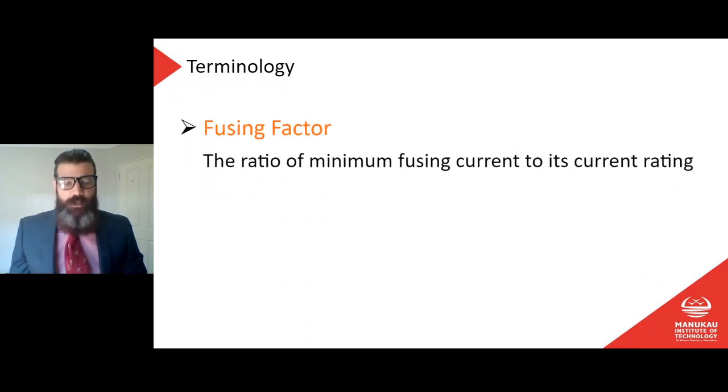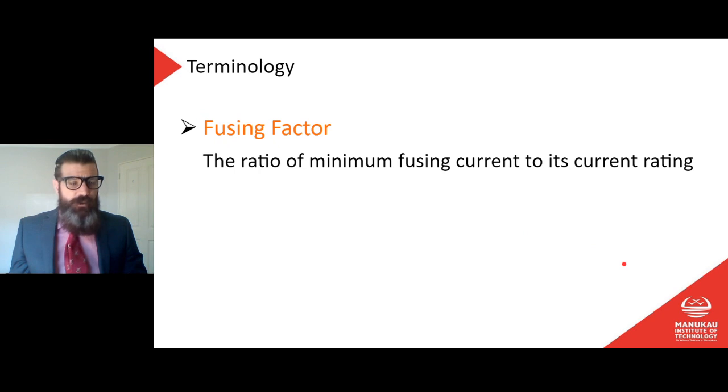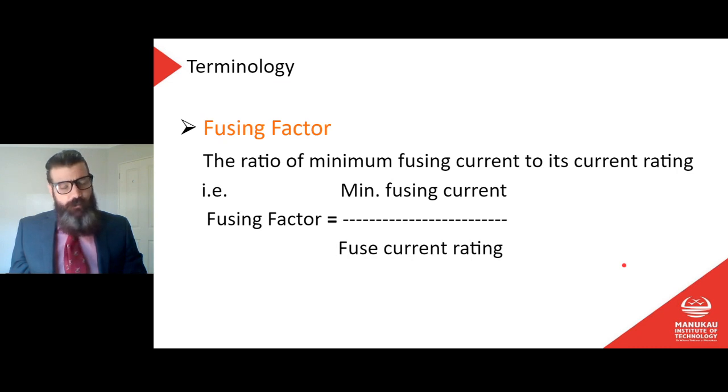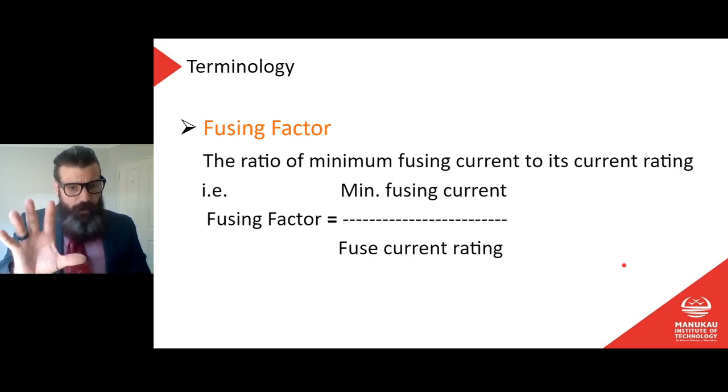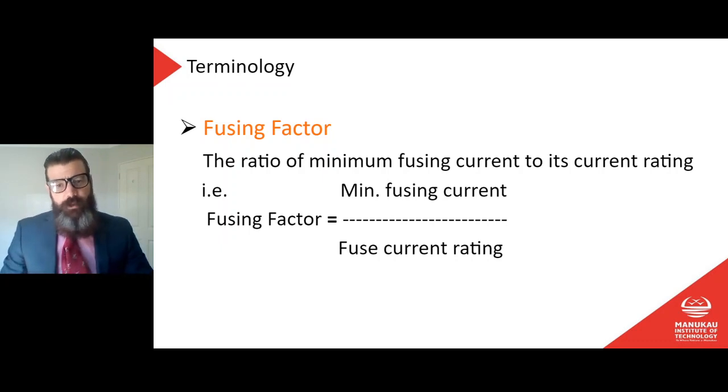Fusing factor. Fusing factor is the ratio of minimum fusing current to its current rating. Okay, let's have a think about this for a minute. The minimum fusing current, so that's the minimum amount of current that it starts to fuse at, and then the fuse current rating is the maximum current that it will carry before it completely breaks down.